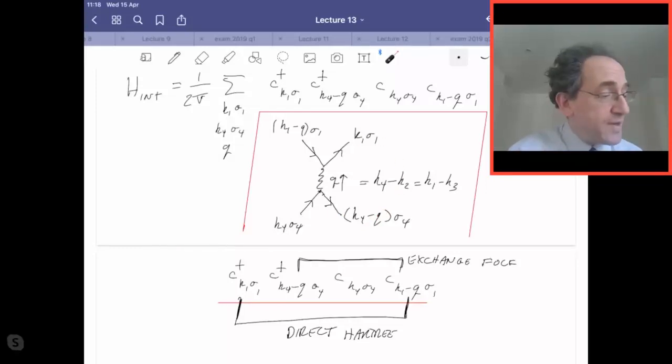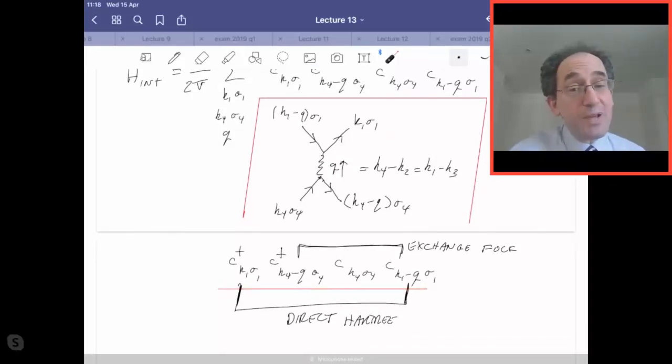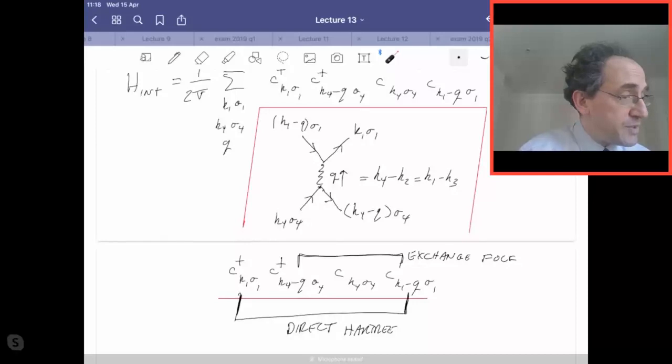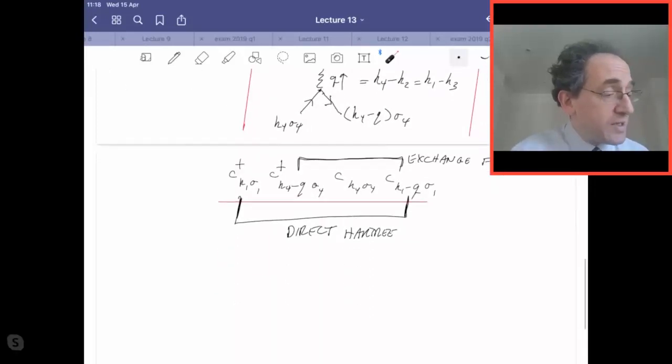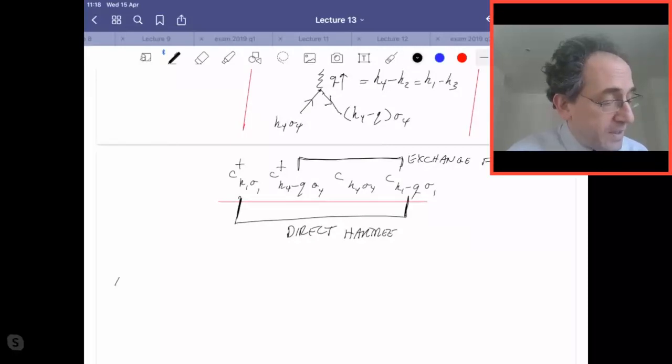But taking the average is closing up these lines with each other, so that you only have 2 remaining lines, one creation and one annihilation operator, and you've taken an average over 2 internal lines. Okay, so for people who like Feynman diagrams, you'll understand what we're doing. All right, so let's start by assuming the state we're considering is a Fermi sea.